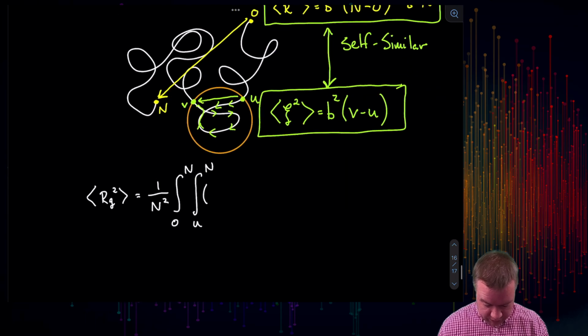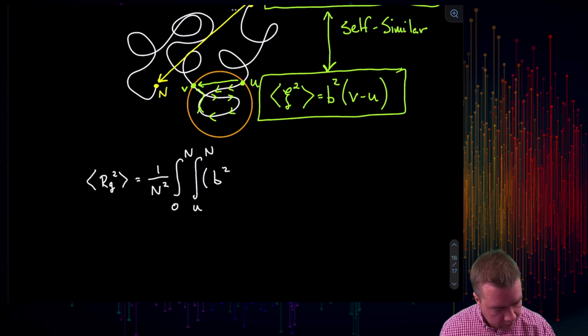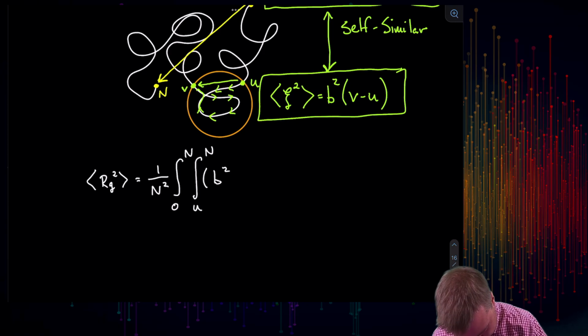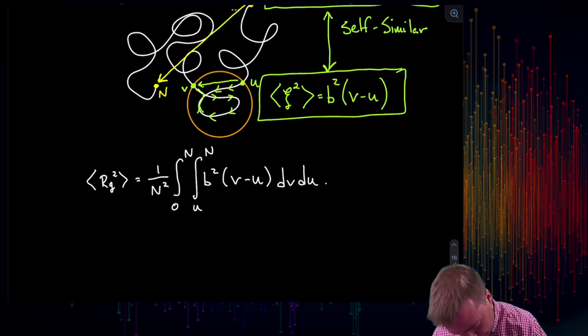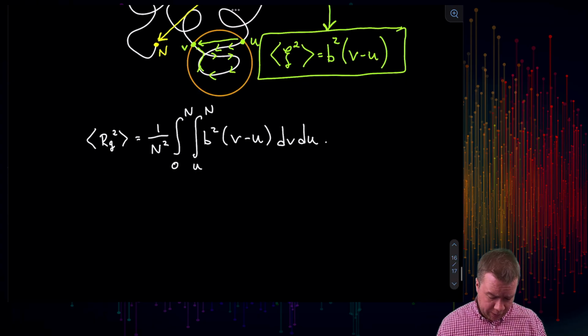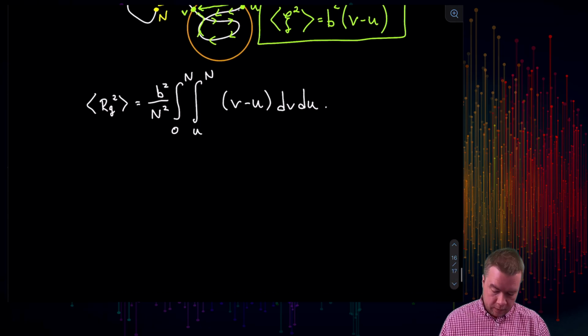Okay, so my expression simplifies a little bit, and I get b squared times V minus U dV du. So this is pretty easy, right? We can calculate this. In fact, we could take b squared out of the integral and put it there. And so all we have to do is do this integral.